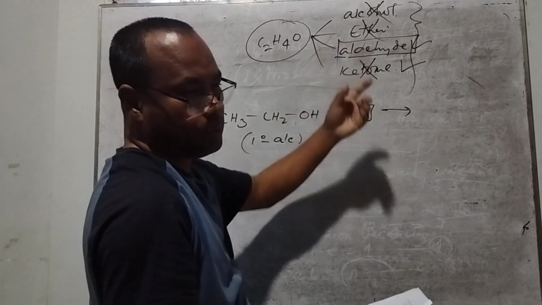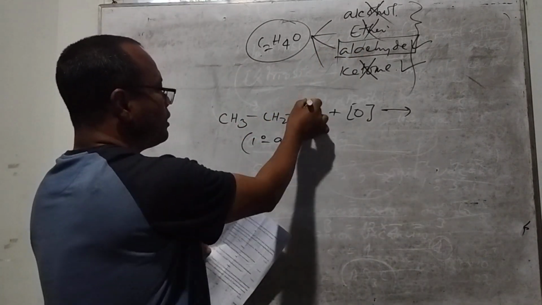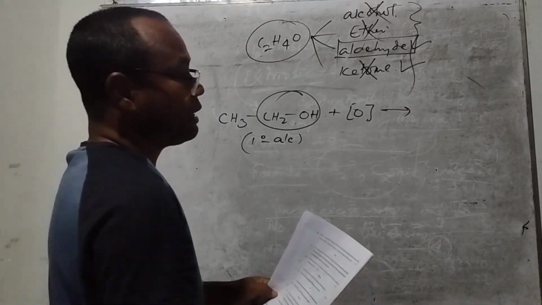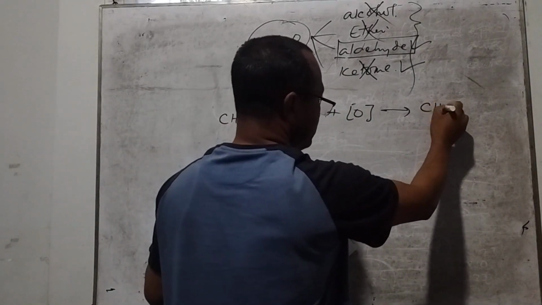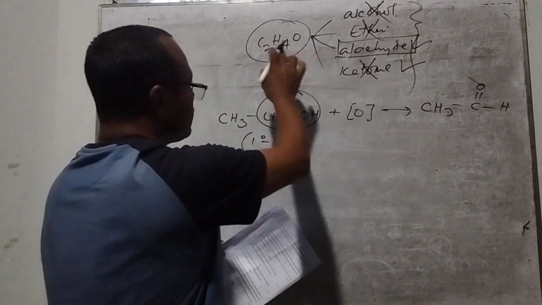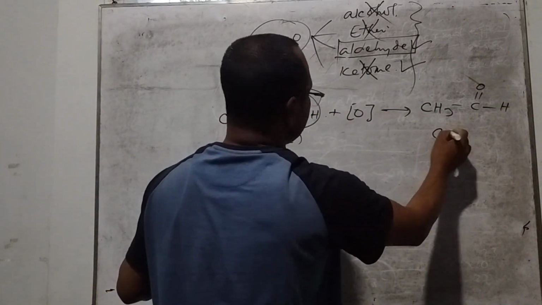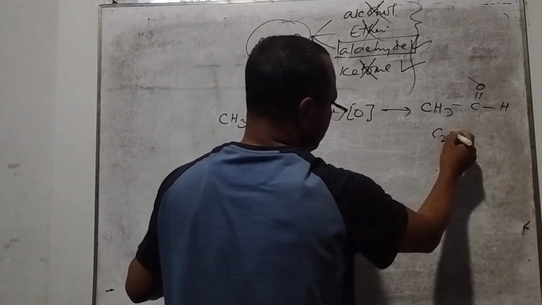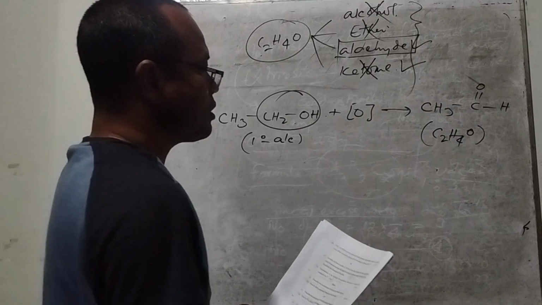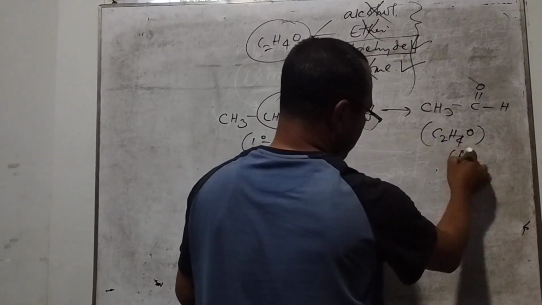As we know, this is a primary alcohol. When a primary alcohol undergoes oxidation, the compound formed should be the aldehyde. So this part can be converted into the aldehyde functional group, and we write it like this. Count the number of carbons: C2. How many hydrogens? 4. How many oxygens? 1. So this is compound A, right?